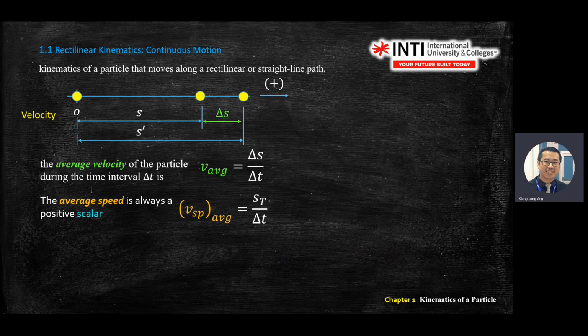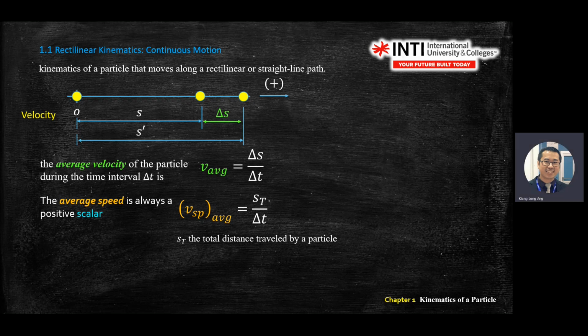All right. So how do you find average speed? For average speed, you take the total distance traveled divided by the time needed for the incident to happen. Okay. So average speed is s_t divided by delta t. Speed is a scalar. Velocity is a vector.